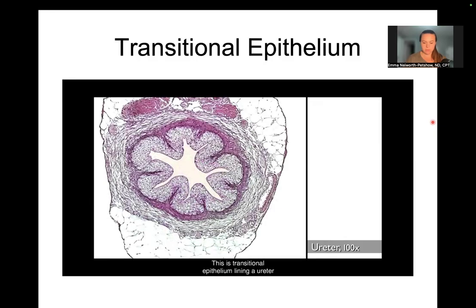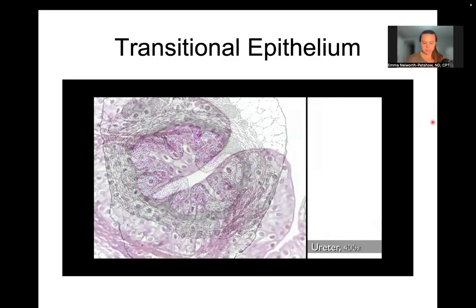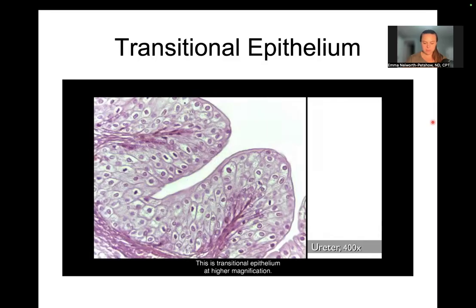This is transitional epithelium lining a ureter at low magnification. This is transitional epithelium at higher magnification. Transitional epithelium also lines the urinary bladder and portions of the urethra.